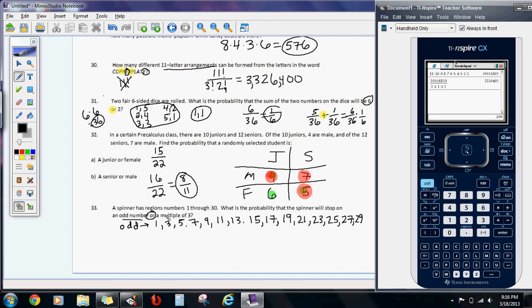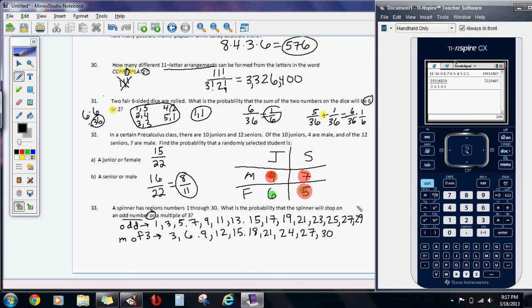But we have another thing that's a success, a multiple of 3. So if we listed out the multiples of 3, that would be 3, 6, 9, 12, 15, 18, 21, 24, 27, and then 30.